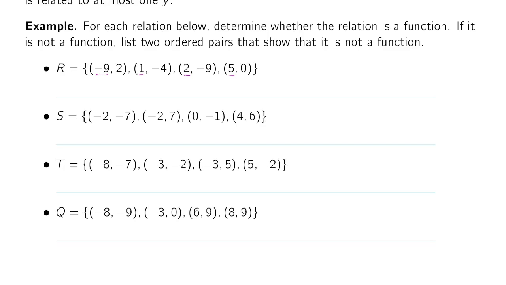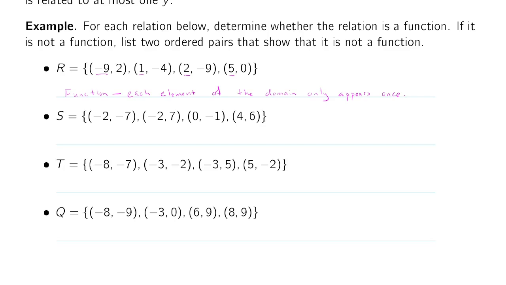And here we see -9 appears only here, 1 appears only here, 2 appears only here, 5 only appears here. So this first relation R, this is a function because each element of the domain only appears once.